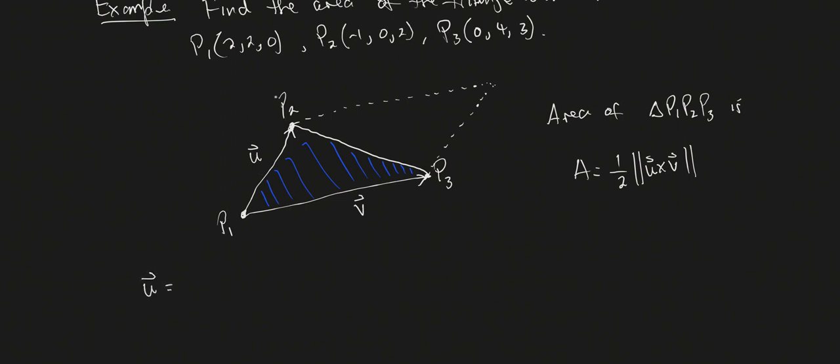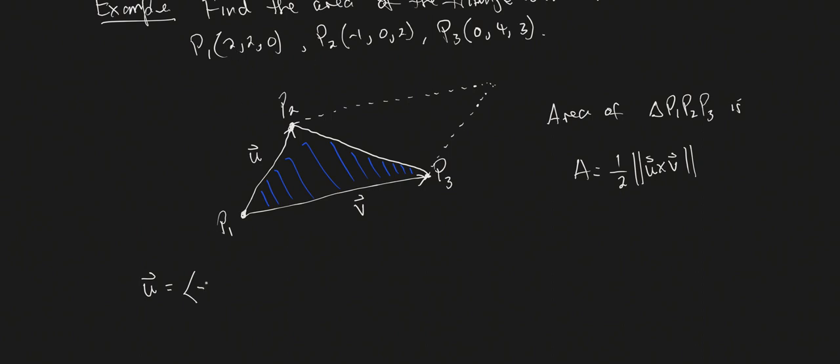Now, none of these points is the origin, so we have to use that head minus tail to find the components of the vector. The components of U are the final minus the initial.